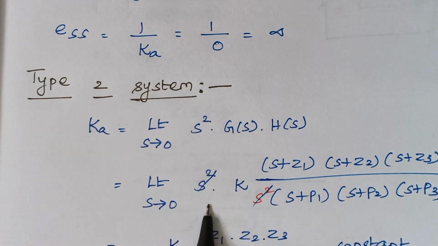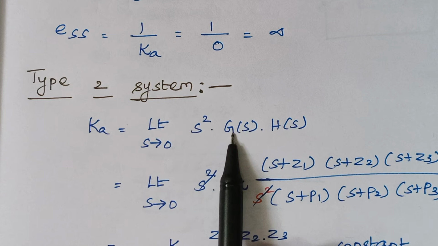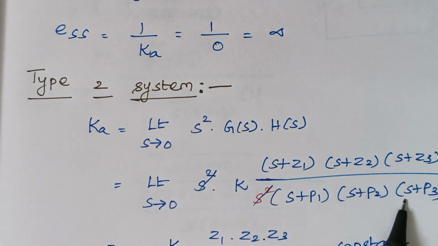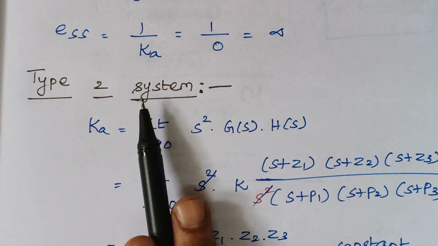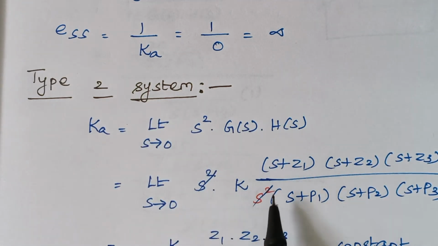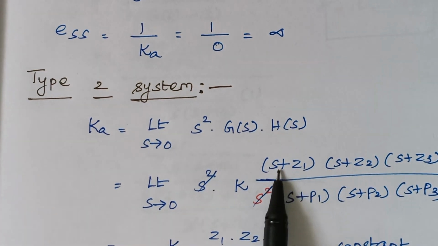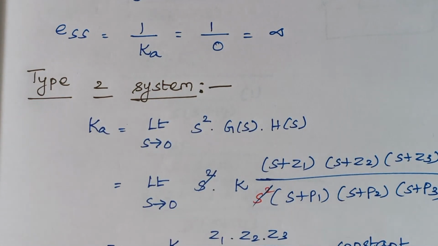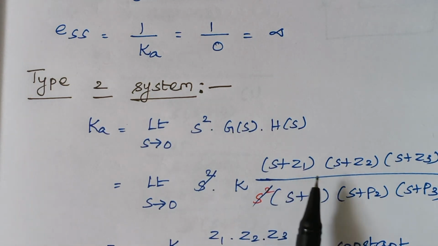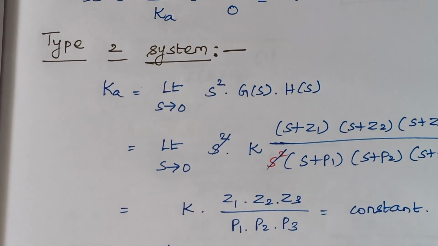Again the same formula. So s square into K into G(s)H(s), everything is the same, except that here we are adding an s square because it is a type 2 system. These two terms cancel each other, and when you apply s tends to 0, K into (0 plus z1) becomes z1, 0 plus z2 becomes z2, and again z3.